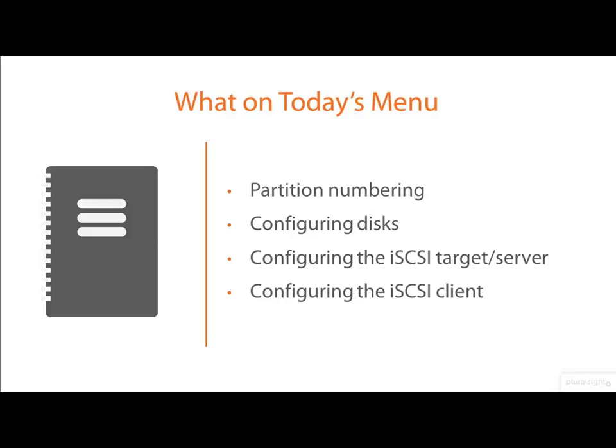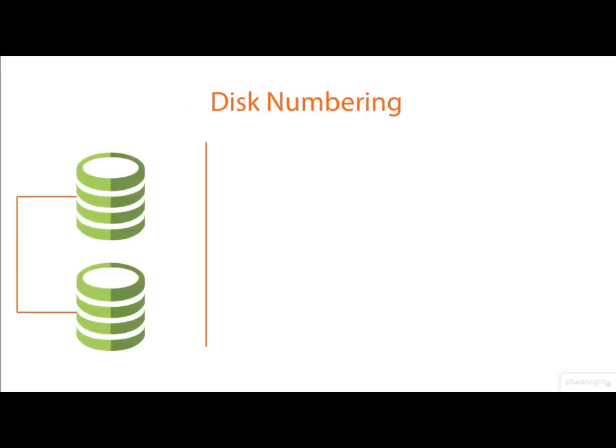To begin, we're going to take a look at partition numbering. When we look at our disks, the device names there might be /dev/sda or /dev/hda. Really, we probably won't see too much of the hda terminology anymore.